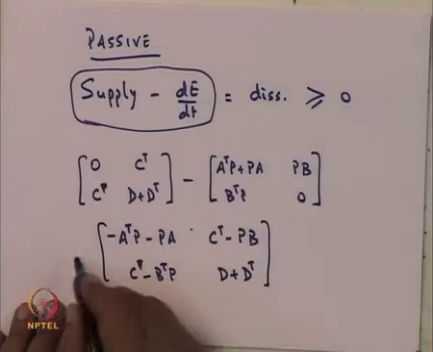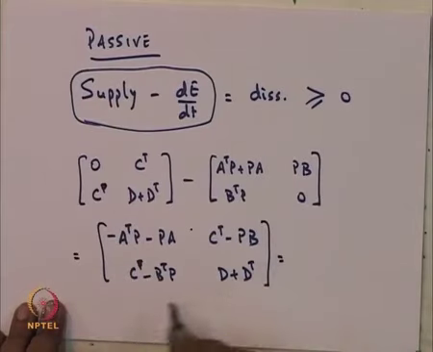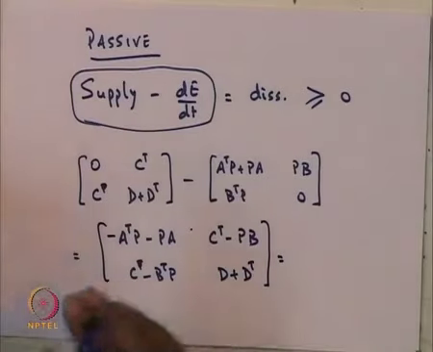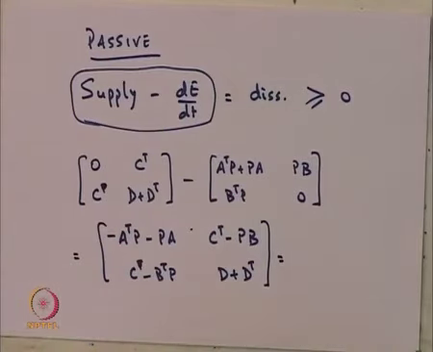So this particular matrix is the same as this. Now, I am going to use the expressions that I had written down in the positive real lemma.